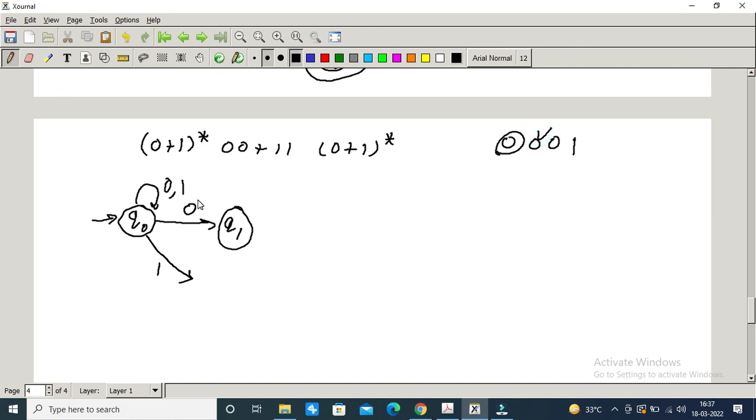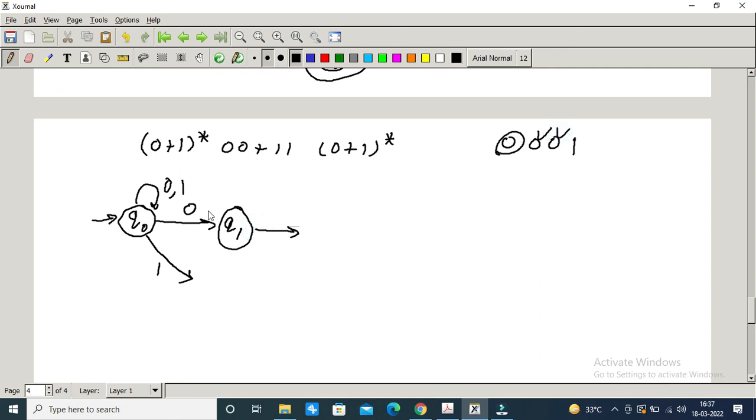This is this one, and then it led to this, because when a state reads a symbol, it must go to another state or to itself. So this is the basic concept behind this finite machine, right? So now we have to read again this 0.